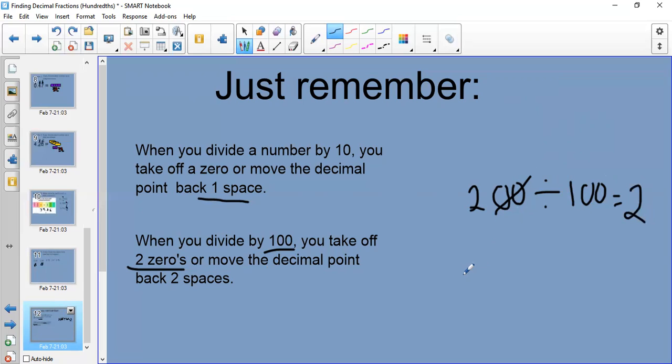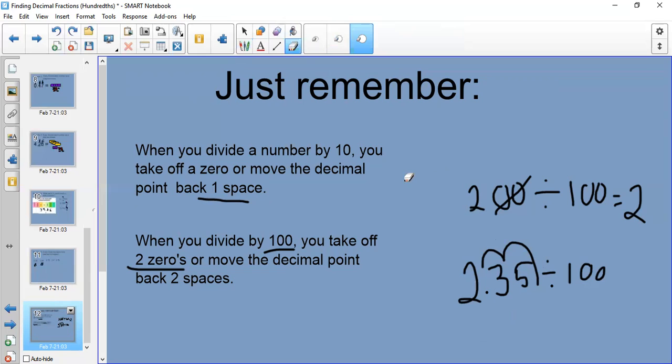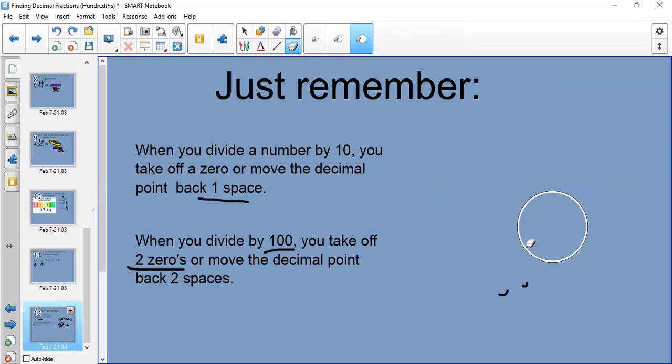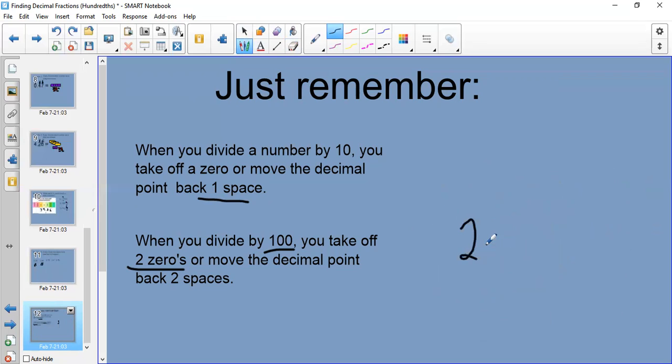If I had 235 as my whole number and I wanted to divide this by 100, I need to just remember to move the decimal point back 2 spaces, 1, 2. So the answer is 2.35. If I had 2 and I wanted to divide that by 100, 2 divided by 100, again, it's the exact same step.